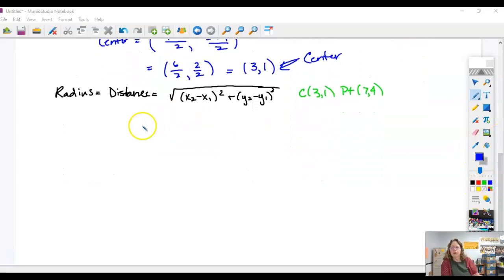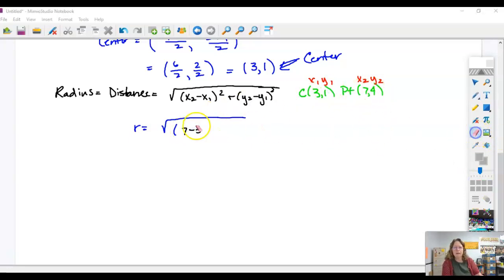So our radius is the big old square root of, we'll go x1, y1, x2, y2, so I'll subtract the x's, 7 minus 3, the quantity squared, plus subtract the y's, 4 minus 1, the quantity squared.